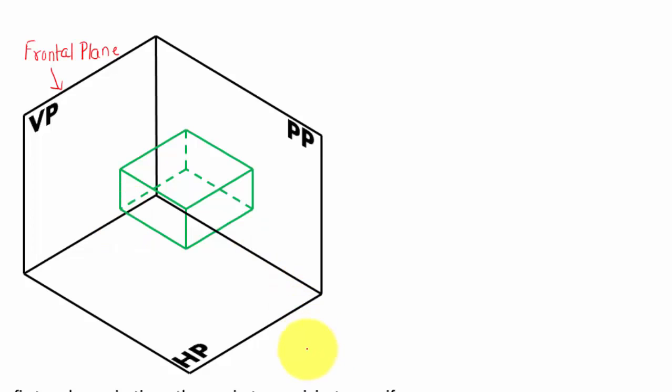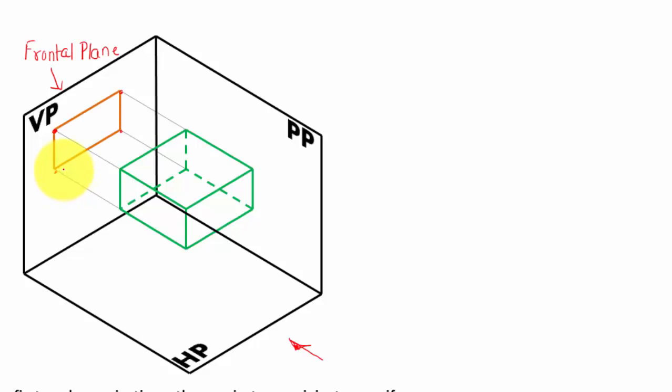Fine, we're going to initially look at this object from here. So that's going to be our direction of viewing for having the front view, and let's say that rays of sight or projectors are going to emerge in this direction until they strike this vertical plane. These are the points at which it's going to be struck, and when all these points are joined in proper sequence, you're going to have a view.